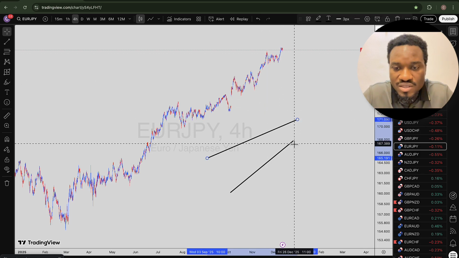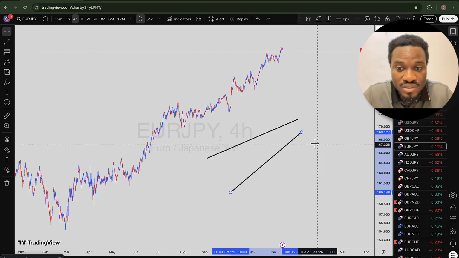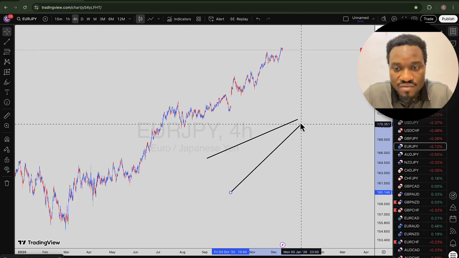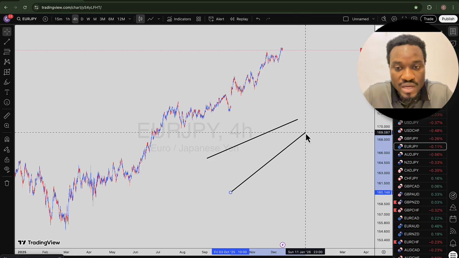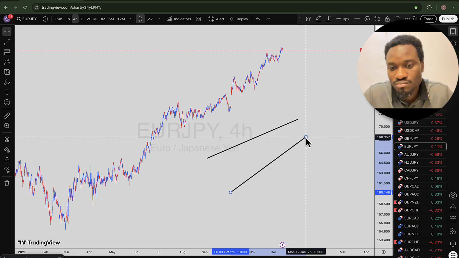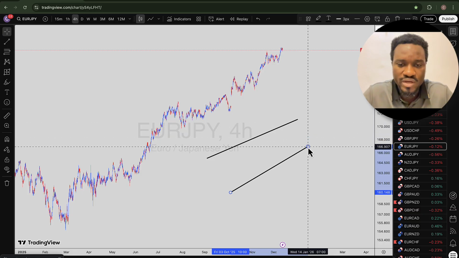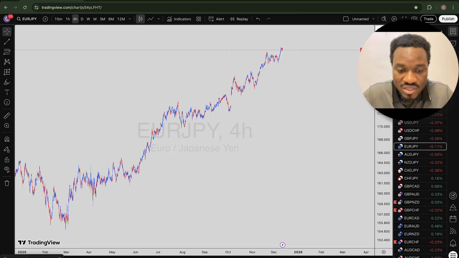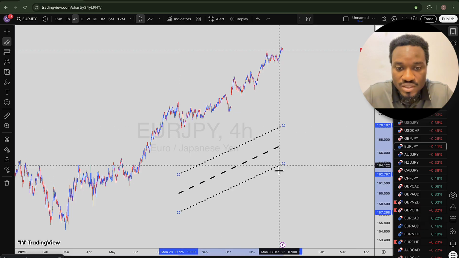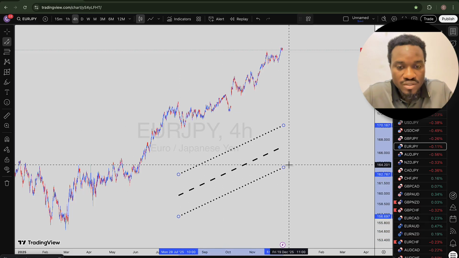We must have at least almost close. If it's like this, it's nice. If it's close like this, it's better. If you're able to get it connected, that is better, superb. But if you get it like this, it's okay. Like this is okay, but like this is becoming too wide, almost equivalent to a channel. If you have done channels, you understand that a channel is like this. You can see that. So that is it.